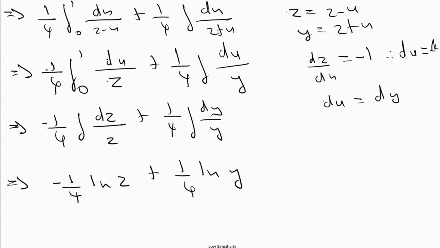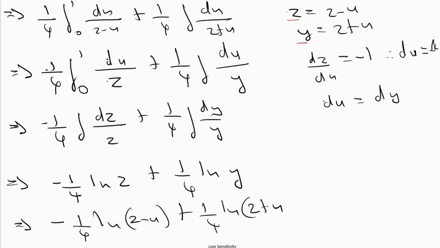But we know what y and z are, so our integral here is negative 1 over 4 ln(2 minus u) plus 1 over 4 ln(2 plus u) with these limits 1 and 0.